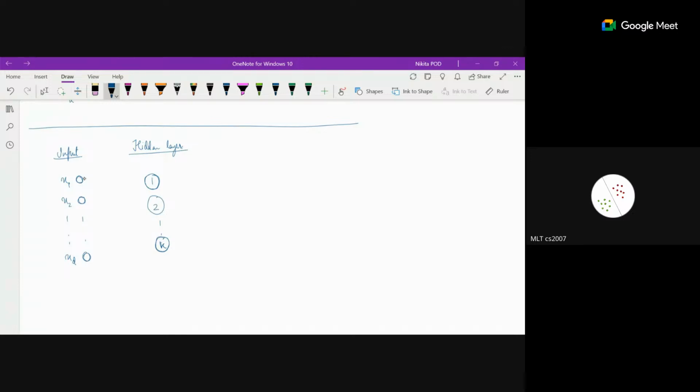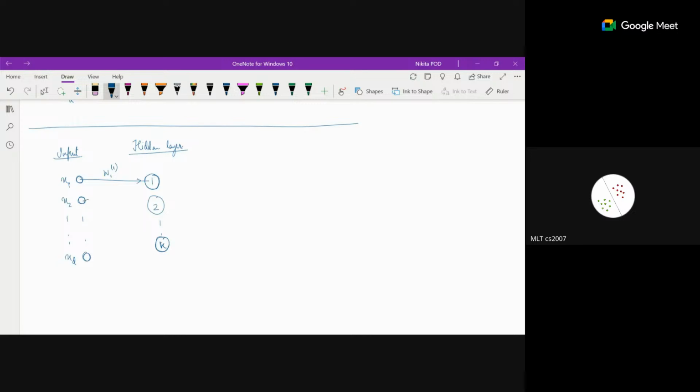Each X will go to one neuron. X1 goes to the first one, and the weight associated with this is, let's say, W1 for the first neuron.